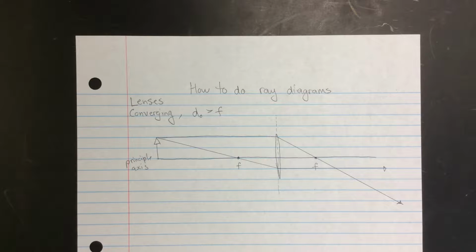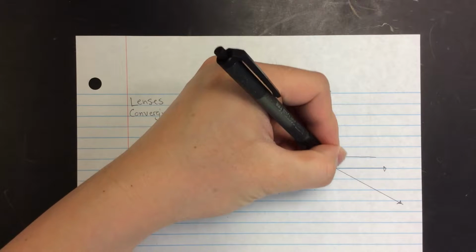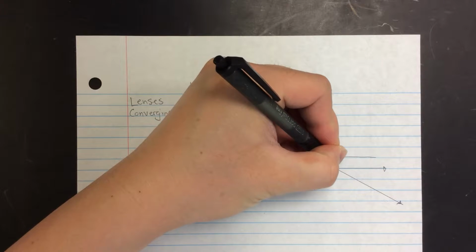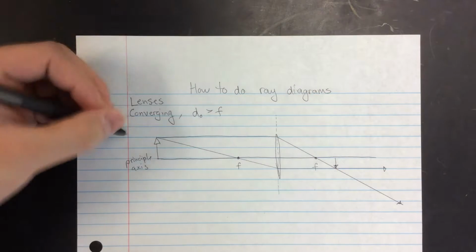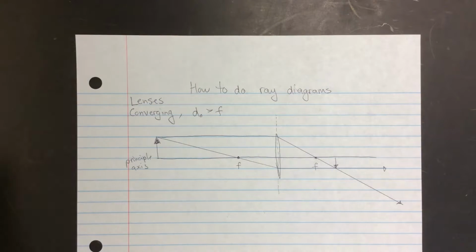Okay? So these two principal rays already should give you where the image is going to be, because it should be where the two rays meet. Your third ray can be a nice check to make sure it makes sense.